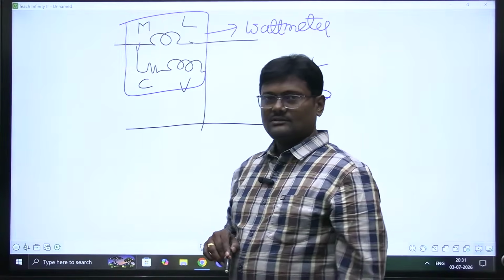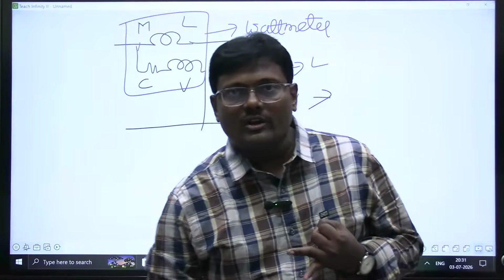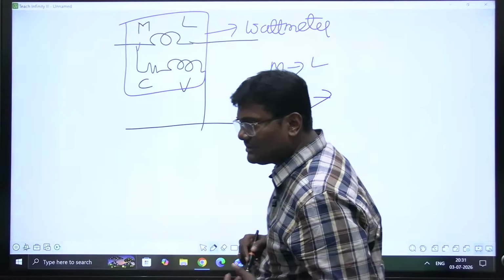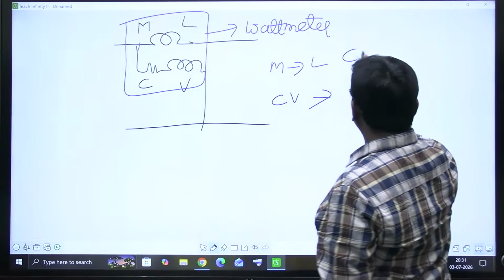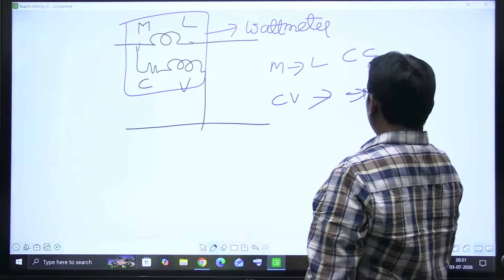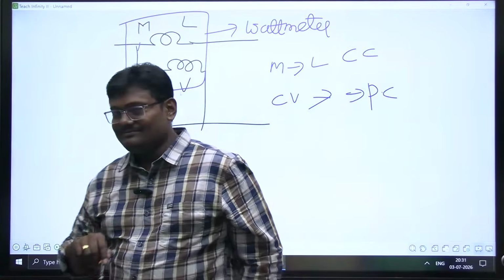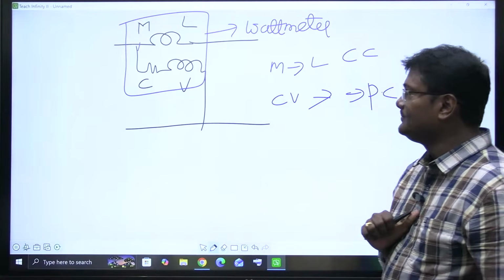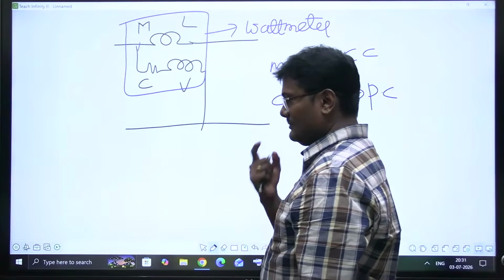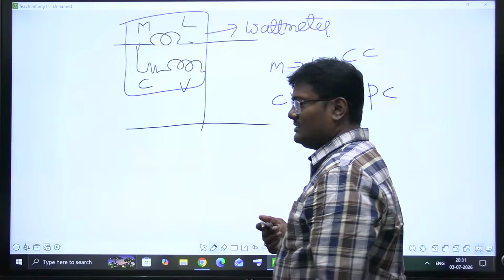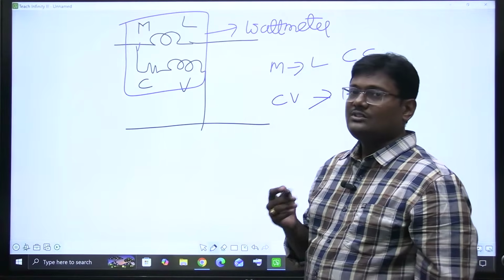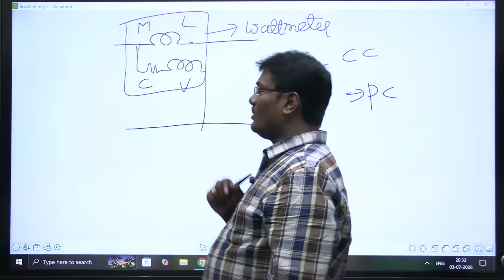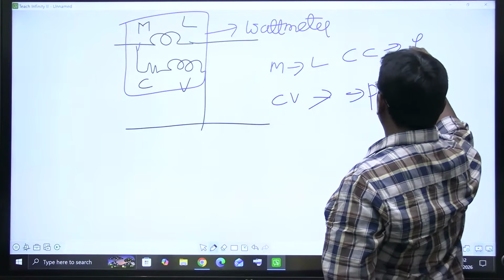Which coil? We have a current coil and a pressure coil, CC and PC. Yes, someone has already answered. This one is called the CC and this one is called the PC. In this, which one is the fixed coil and which one is the moving coil? CC is the fixed coil. Okay, fixed coil.